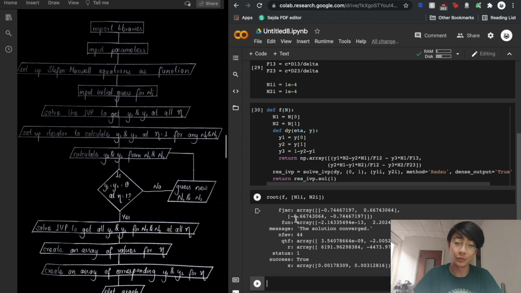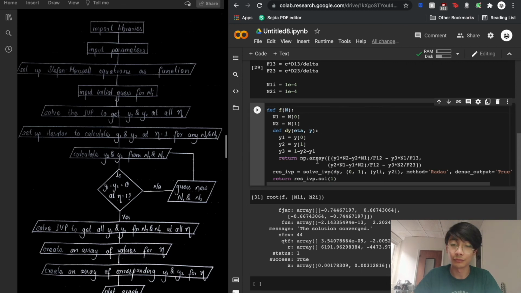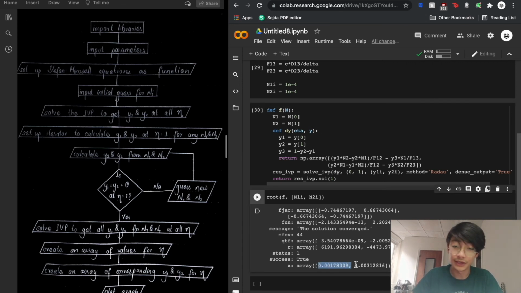And yeah, so what we get is this value. So what that is basically after solving all of this, what we found out was when n1 equals this value and n2 equals that value, the mole fractions of acetone and methanol both become very close to 0.